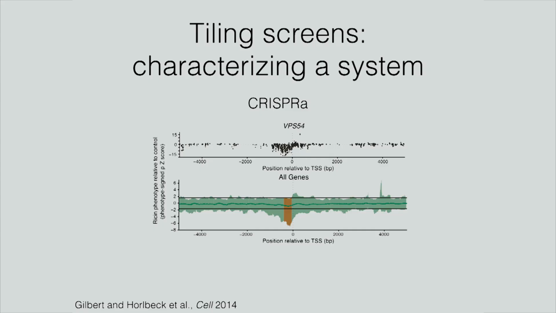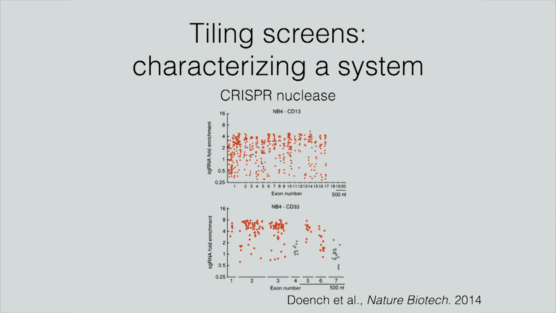So this is the same exact library, same exact gene, but with the activator, and now you see different sgRNAs working, and the phenotype is exactly flipped, because you're activating rather than inhibiting, and in this context getting the opposite phenotype. This has also been done effectively with nuclease. I'll leave this for Jacob, but this is a nice example of tiling as well, in David Root's FACS paper.